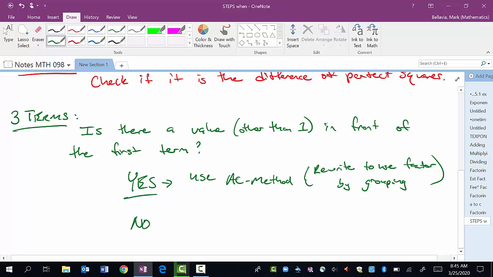If the answer is no, so if there isn't a value other than 1, in other words you look at that first term, you don't see a value there, so you know it's 1, then you want to use two sets of parentheses and reverse FOIL.